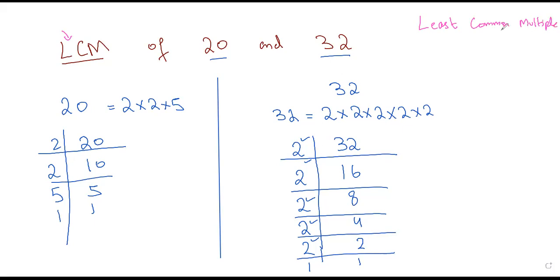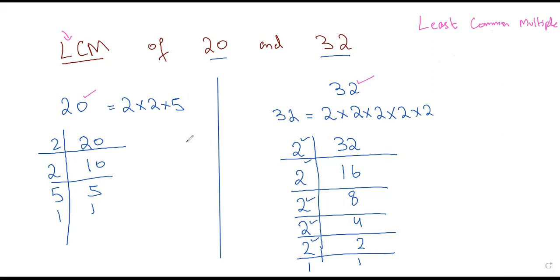If you think of it this way, that you have the table of 20, you have the table of 32, and the LCM would be the smallest number coming common in both the table of 20 and 32. This is what the concept says. आपके पास 20 है और 32 है.